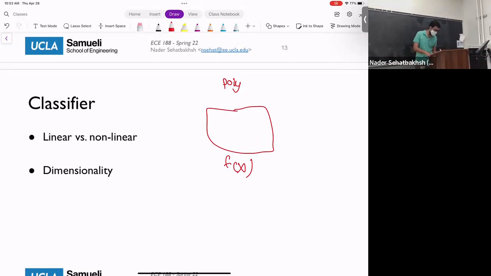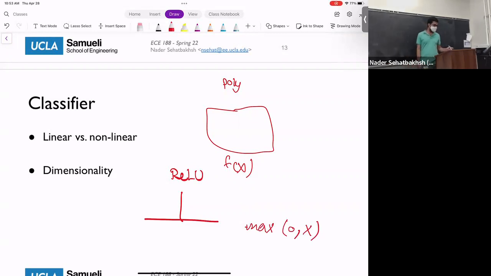For example, the most famous one is the function called ReLU, the rectified linear unit. If the input of ReLU is x, what ReLU does is pick either 0 or x. If you plot it, it would look something like this.